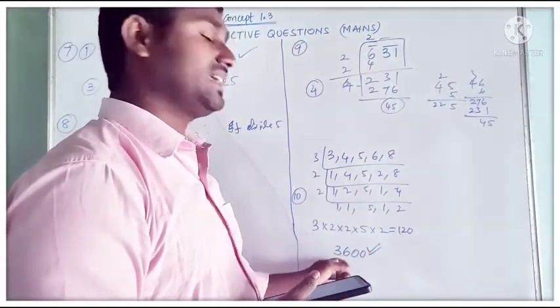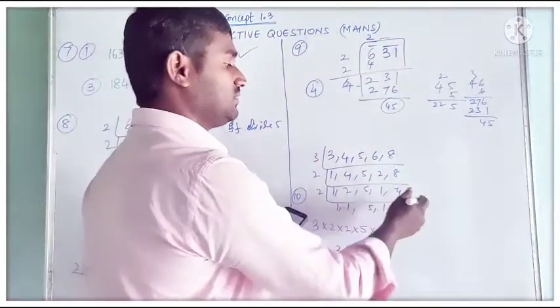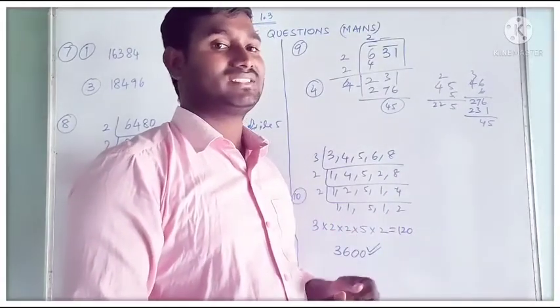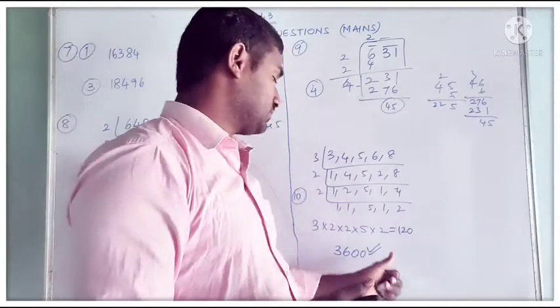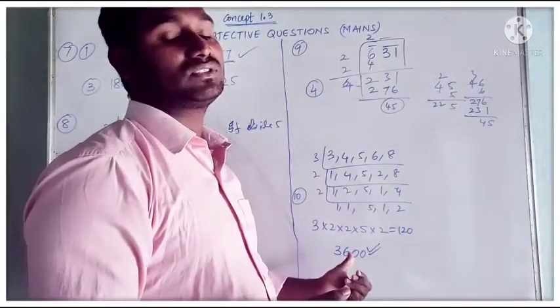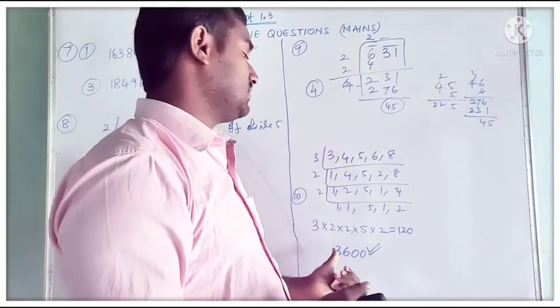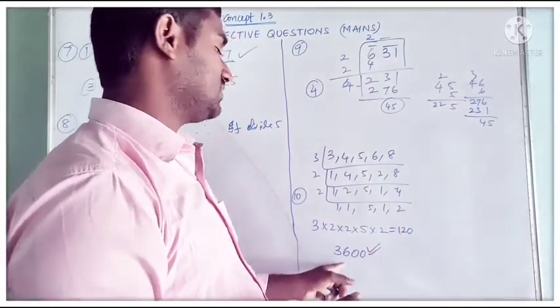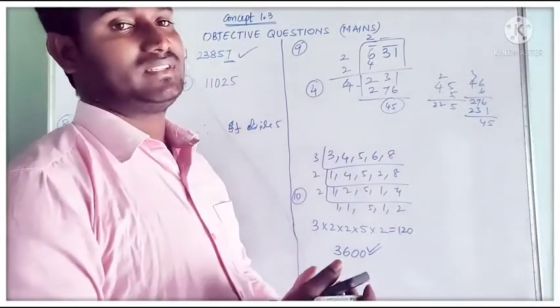Because if you write the multiples of 120, you will understand in the 11th question. If you write multiples of 120 up to here, no perfect square is found. This is the nearest perfect square that is a multiple of 120, and 3600 is divisible by all these 5 numbers.